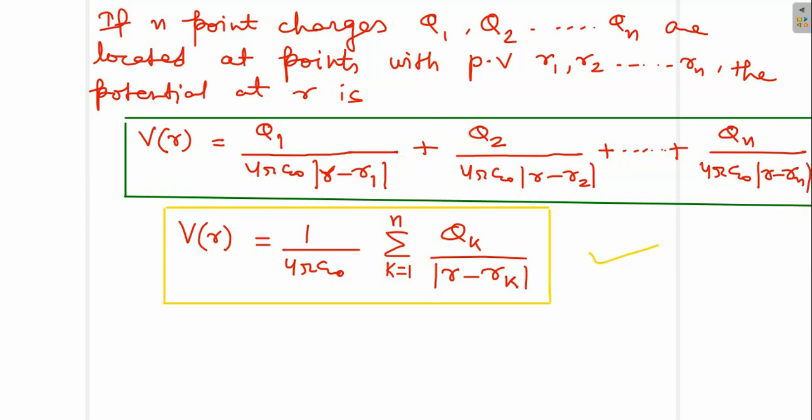Now let's proceed to another topic, and that is the relationship between E and V. It is again a Maxwell equation, so it's very important. What is E?